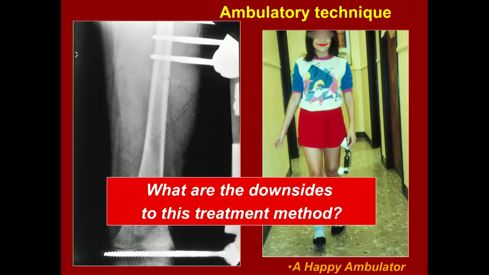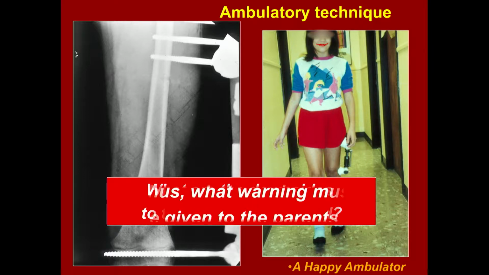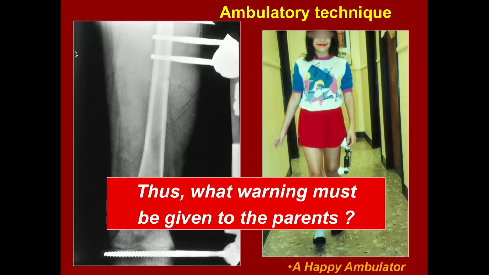What does it tie up? The IT band? That's exactly right. And if you tie up the IT band, what can't they do? They have pain when they flex. That's right, it's very difficult to flex. So you need to warn them that they're going to walk stiff-legged for a while because you're tying up the IT band. So that's one downside of an external fixator.